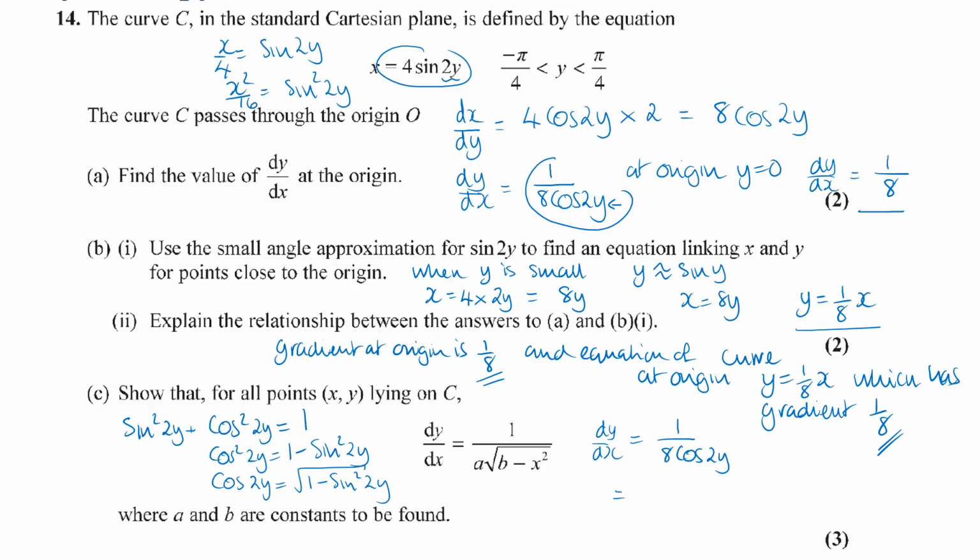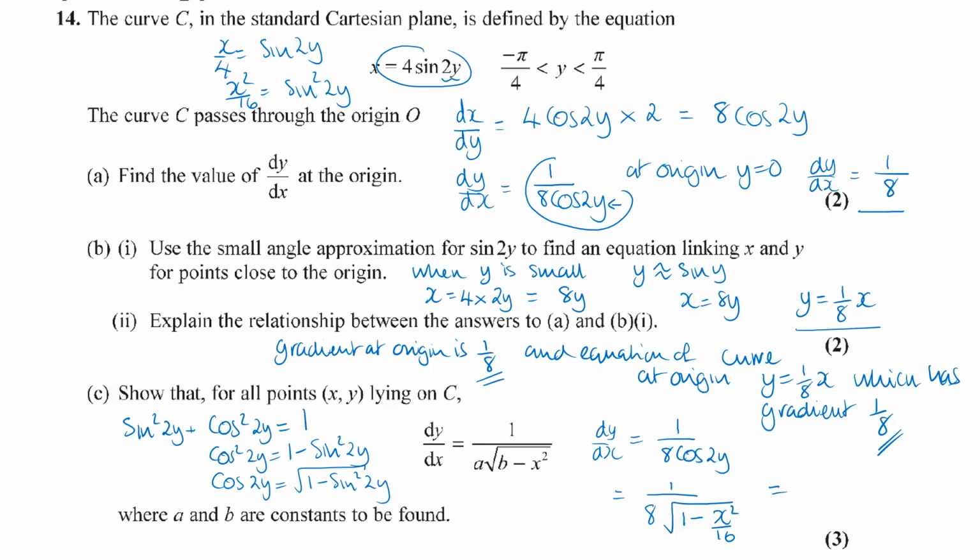So this is going to be 1 over 8 cos 2y is 1 minus, now in terms of x, that's x squared over 16.